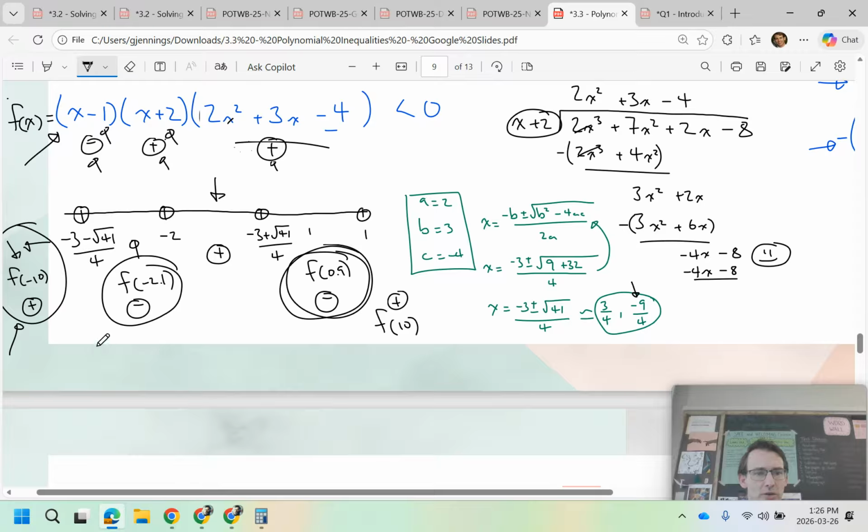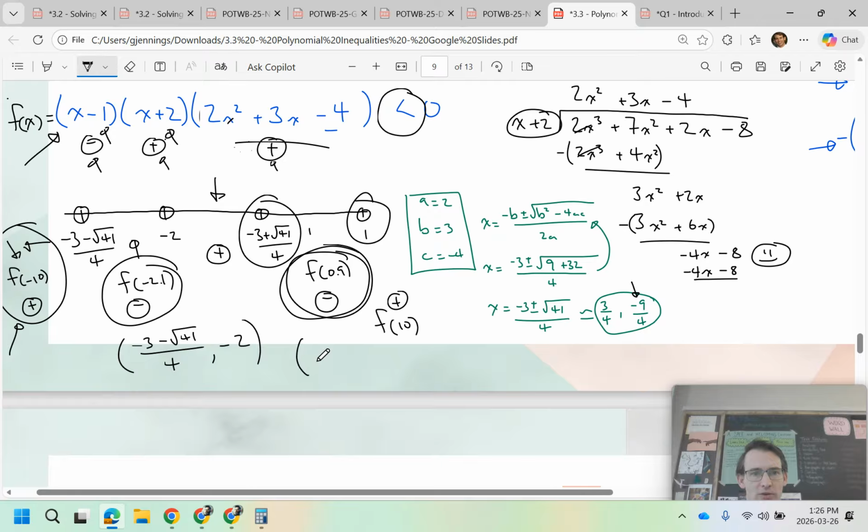All right, so the way we would write that for exact values is minus 3 minus root 41 all over 4, all the way to minus 2, not inclusive, because we are not including these things, it is less than 0. And in this interval as well, between this root and that root, it also works.